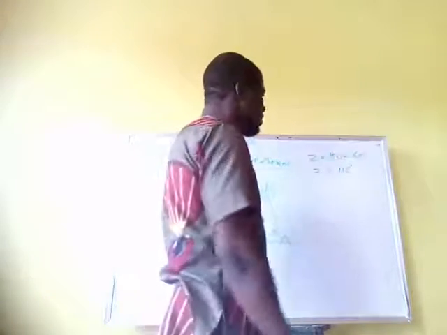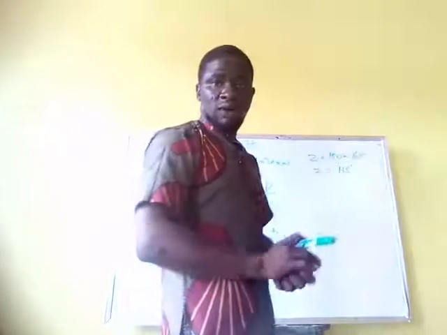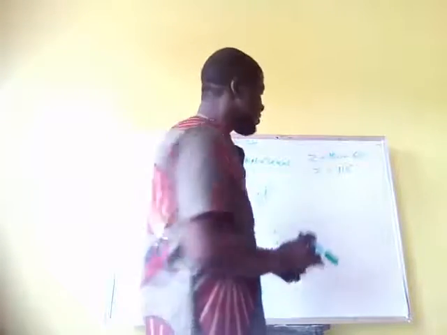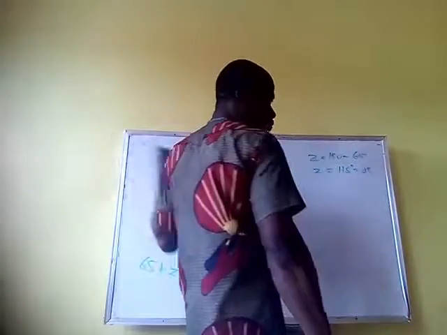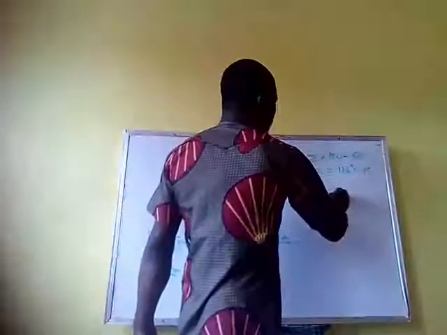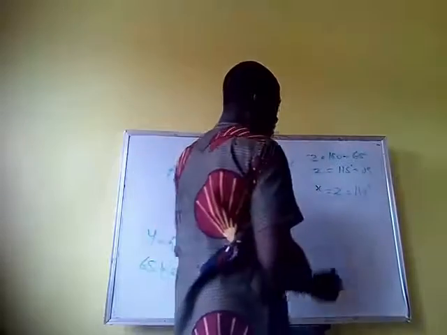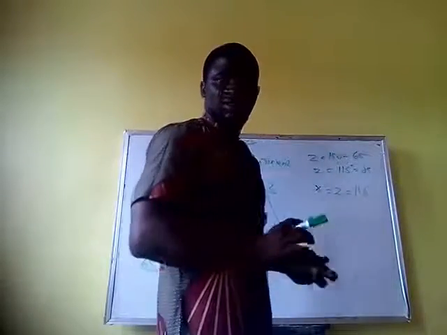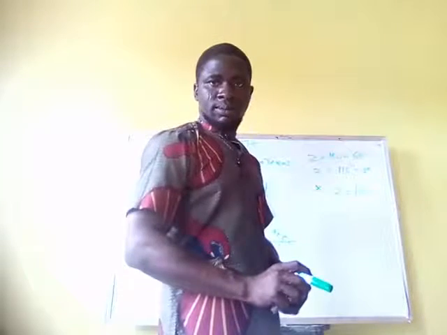So if you agree on this, since z and x are vertically opposite angles, it means x is equal to z, equal to 115 degrees.